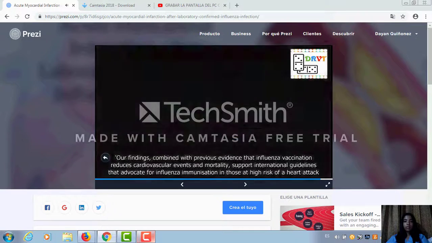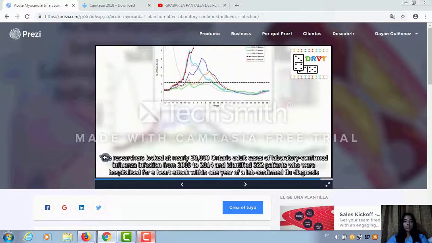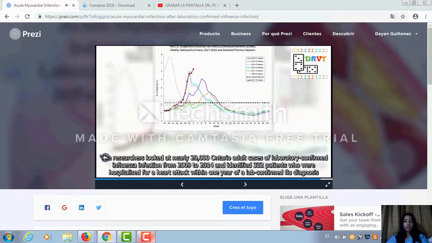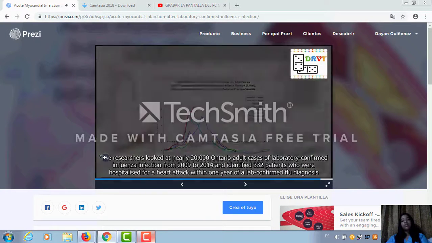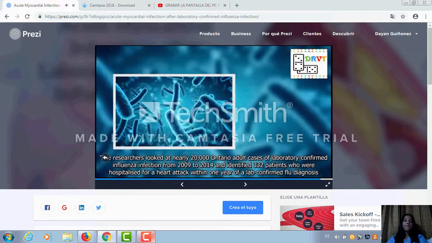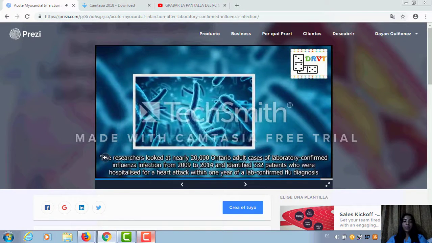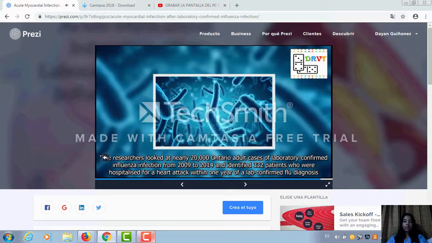The researchers looked at nearly 20,000 Ontario adult cases of laboratory-confirmed influenza infection from 2009 to 2014, and identified 332 patients who were hospitalized for a heart attack within 1 year of a lab-confirmed flu diagnosis.